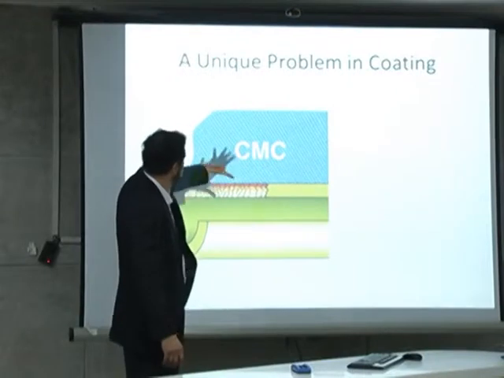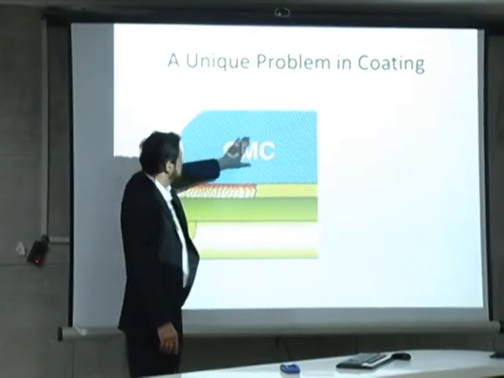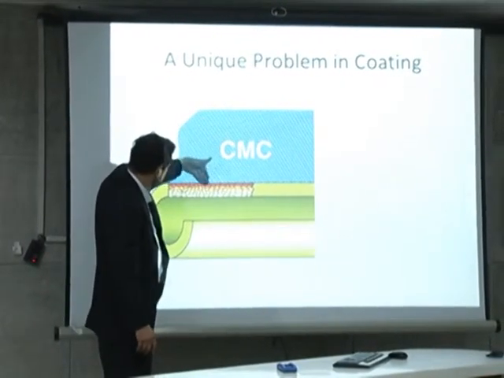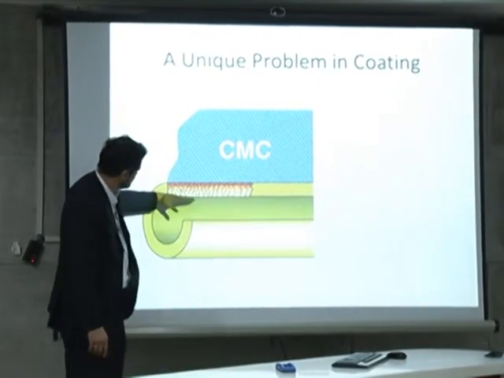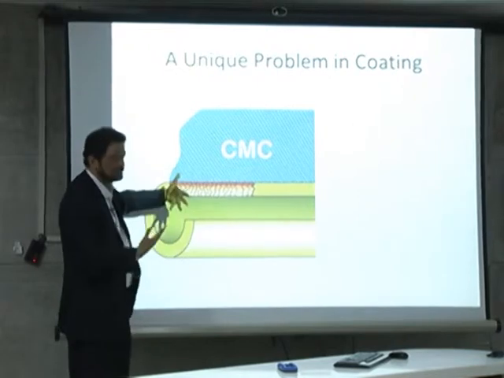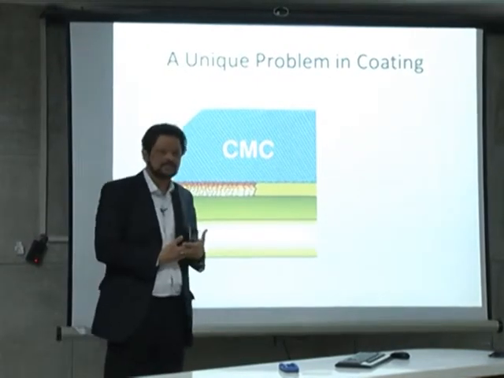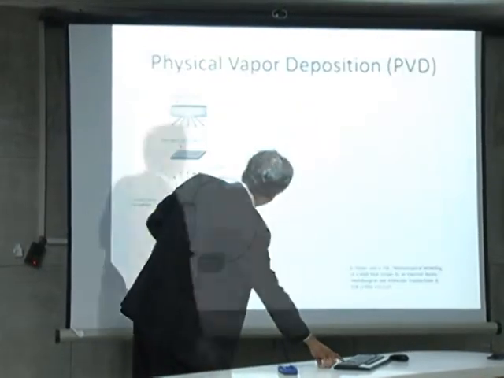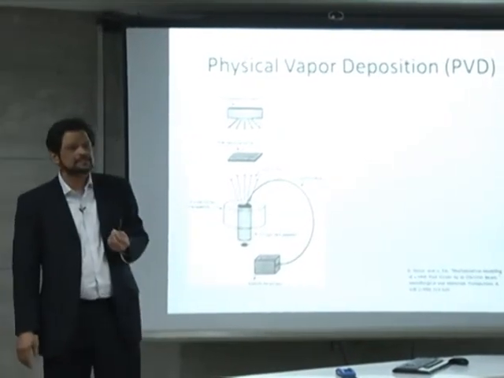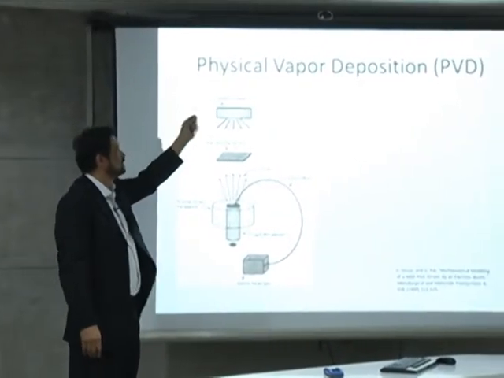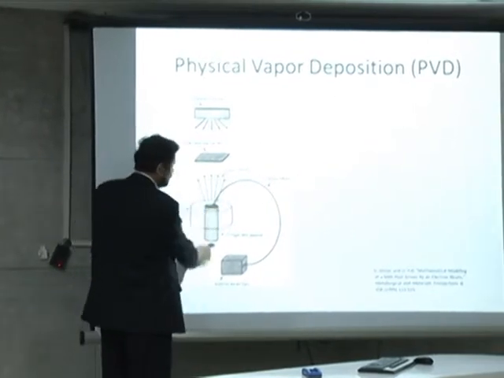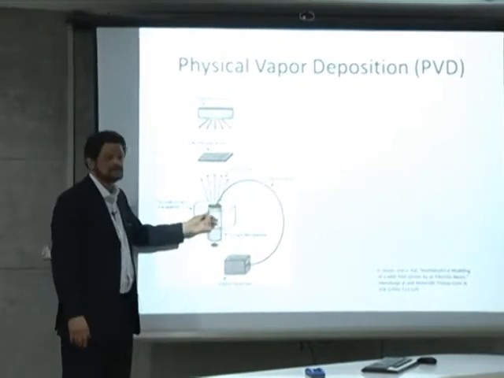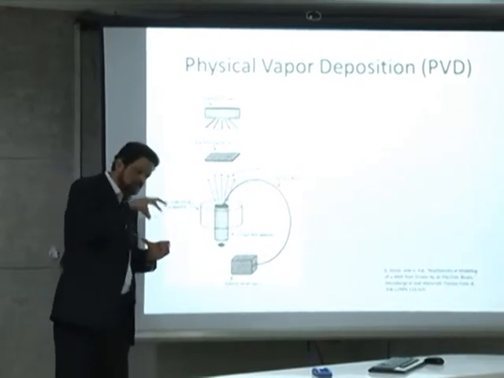And this is the actual problem. This is the ceramic layer, and this is the cooling tube, and you have different materials diffusing into each other, and you make a coating out of it. So one way to do this is what is called physical vapor deposition. What you do in here is you have something called a target, which means the material that you want to coat with.